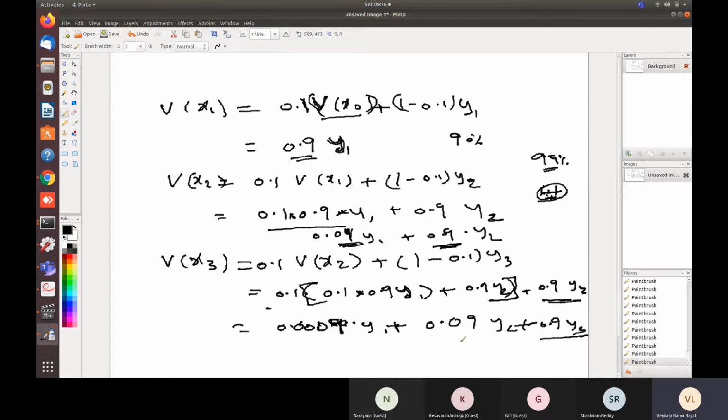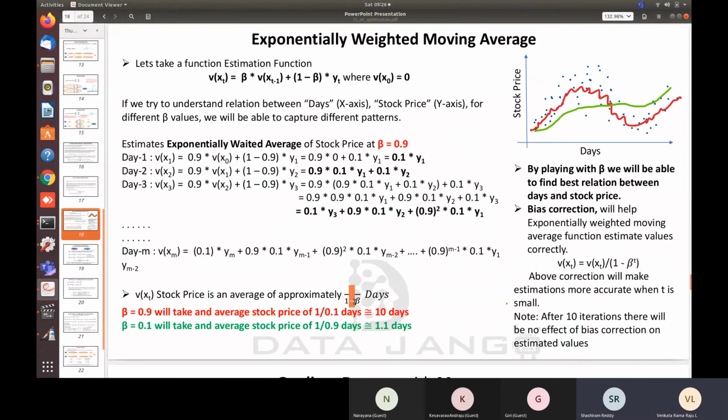See, 90% is taken here, 9% is taken here, 99% again from the current day and previous day. If you calculate y4 also, it's going to be like this only: y4 it will take 90% and y3 it will take 9%. So this formula, 1 by 1 minus beta, actually works.